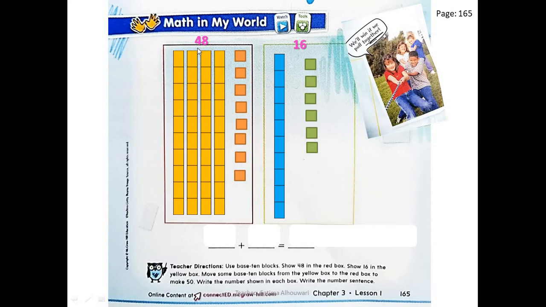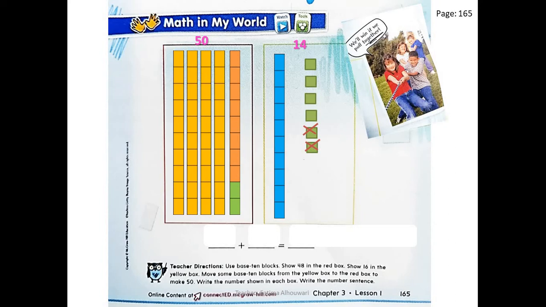So we would like to have 50 instead of 48. 50 ends in 0. So it's much easier to add 50 to another number. How can we do that? We can take two ones from number 16 and add them to number 48. Now here we have 50 and 14.